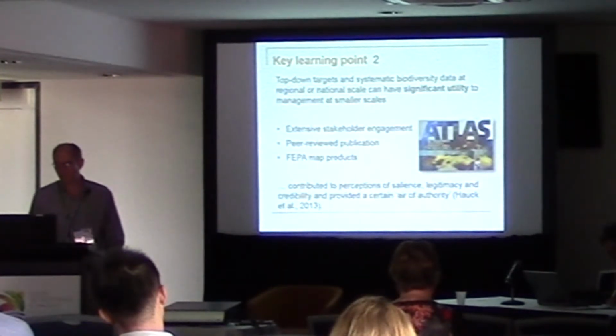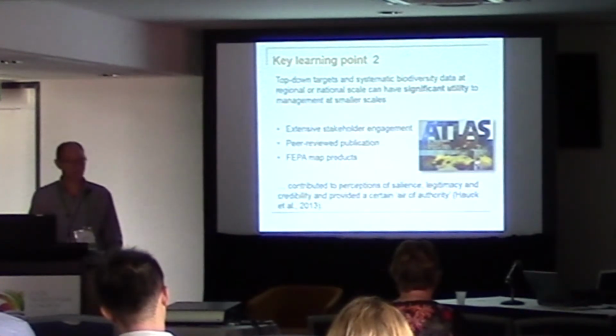The second learning point is that having quantitative targets, whether they are accurate or not, at regional scale, in our case national scale biodiversity plans or conservation plans and biodiversity assessments, has been an incredibly useful tool, especially because of all the extensive stakeholder engagement that's gone into the products.